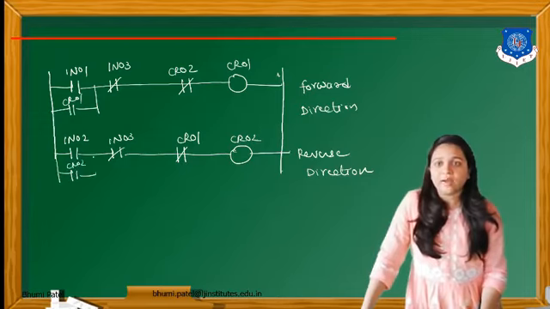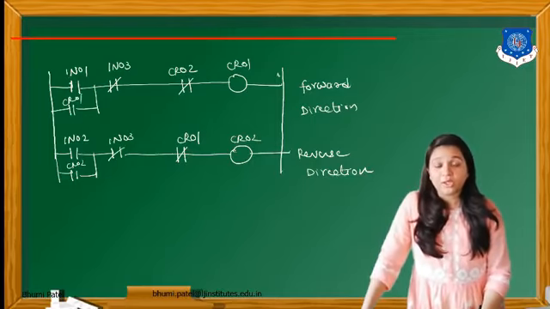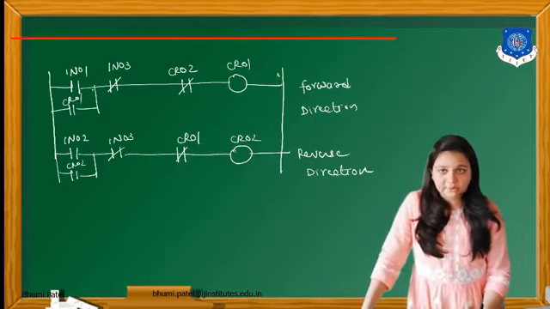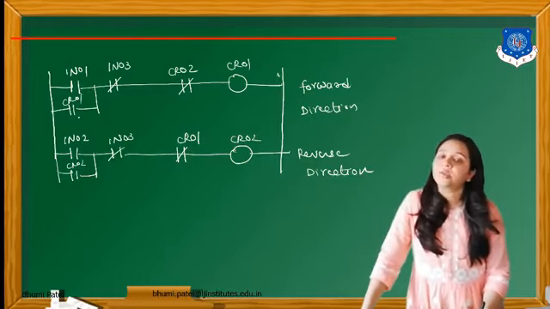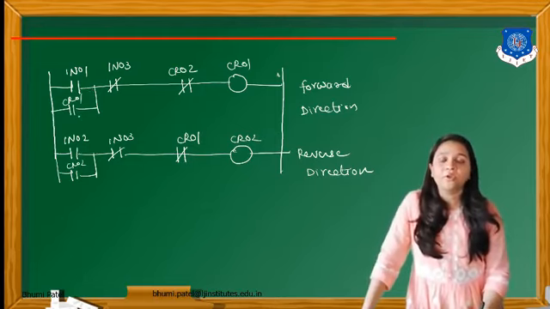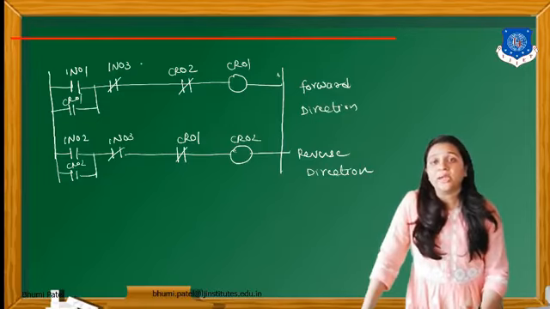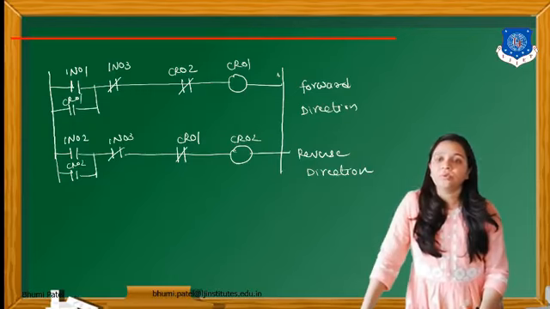Now what is the advantage of this? If the start button is not working properly, at that time we can get the output from this parallel connection. So this is optional for the programming, but if you want to take some safety, at that time we can connect the output signal in parallel with the input switch.